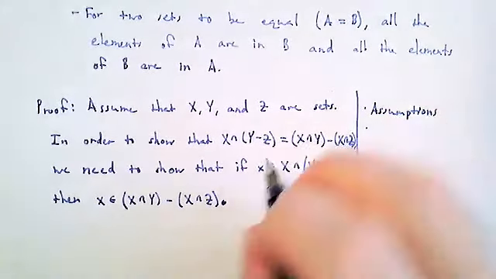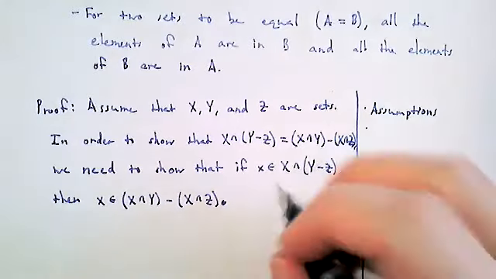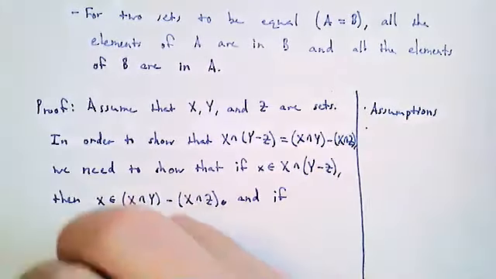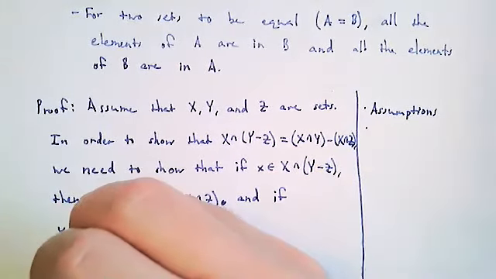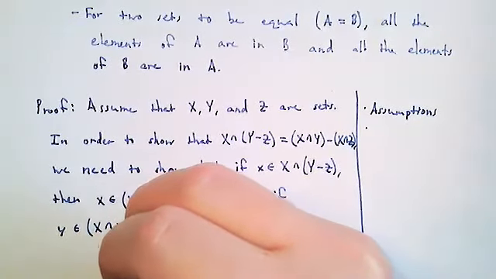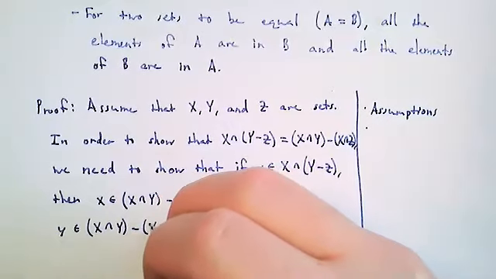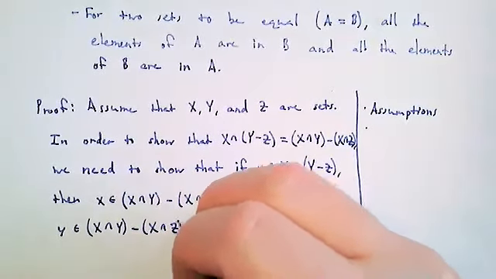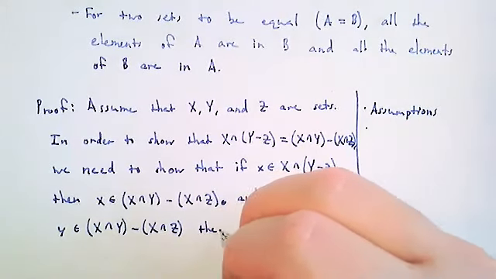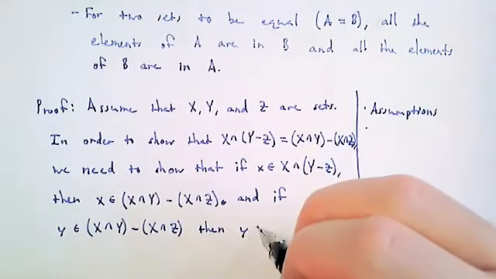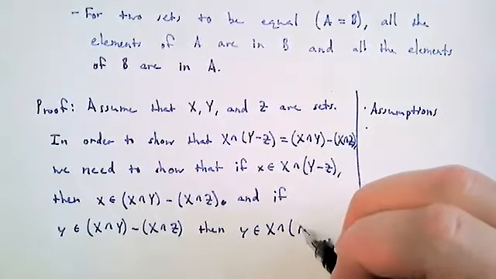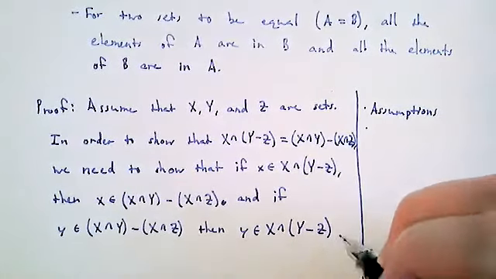Not quite done. And if we have an element of the right side, maybe we'll give it a different name, lowercase y, so it'll be in x intersect y minus x intersect z, then we need to show that it's in the left side. So y is an element of x intersect y minus z.